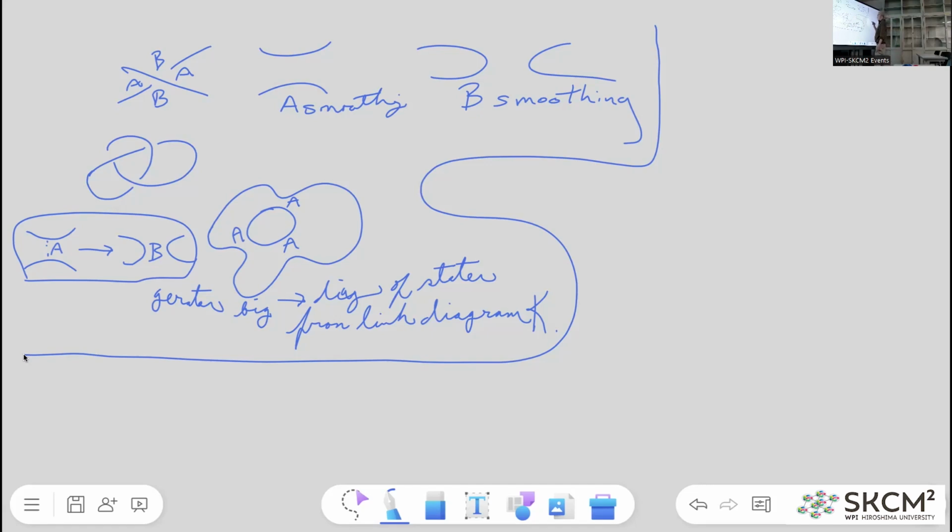So last time I didn't even write down the axioms for categories. So let's write them down so we have them.